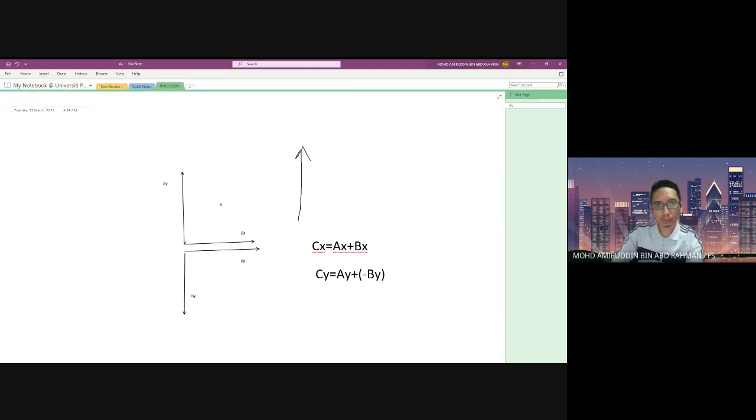So your CY will be to that direction, not to this direction. So you have components CY and CX, and now you can find your vector C. So C is A plus B. That's your vector C.